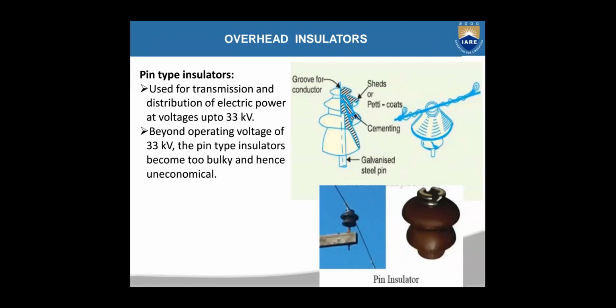It is bolted to the cross arm, and above the insulator you have one groove. In this diagram you can see the groove for the conductor. Generally the conductors are placed on that groove.